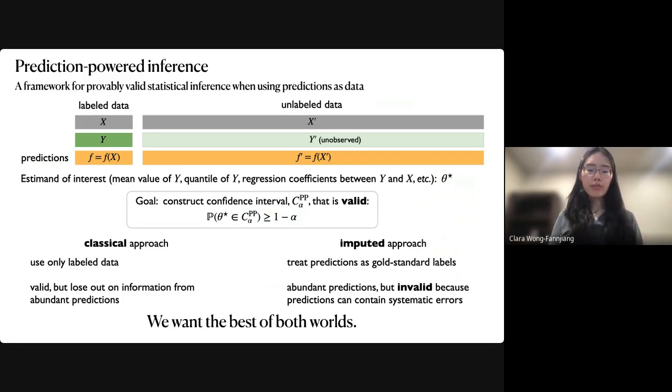So prediction-powered inference is a framework for getting the best of both worlds by using both the labeled gold standard data and the predictions on the unlabeled data. So prediction-powered inference will be able to give you confidence intervals that are provably valid while also squeezing information from the predictions to effectively increase sample size.